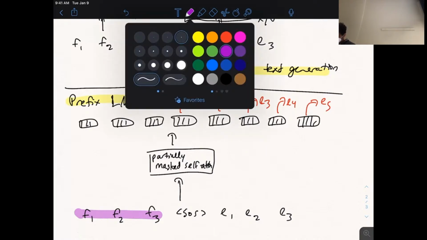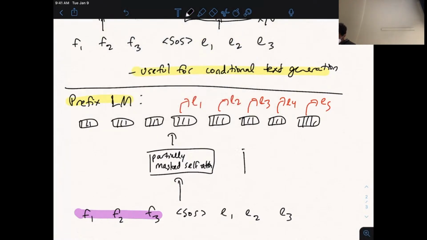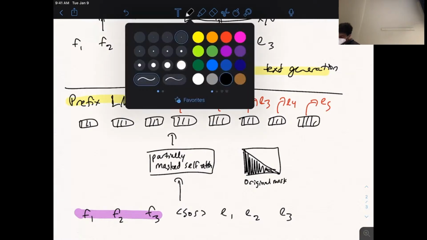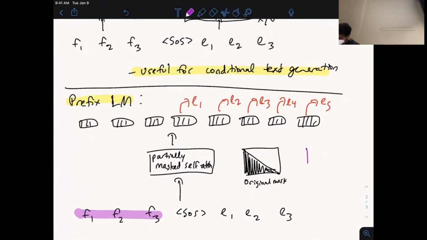So my mask, instead of looking like, maybe I'll use a different color. So if this is my original mask, where the colored in part is what the model is allowed to look at, so original mask. In this modified approach, I always look at the French tokens, and then I have this kind of mask here.